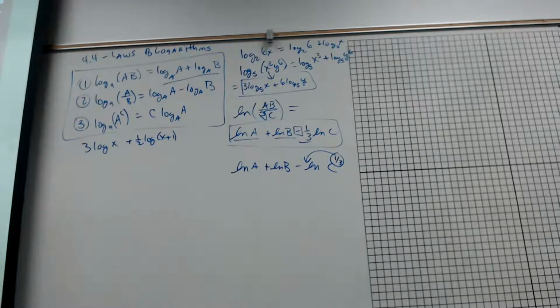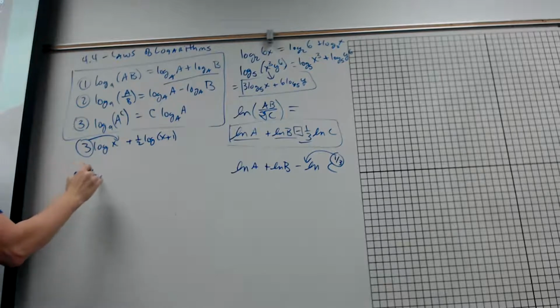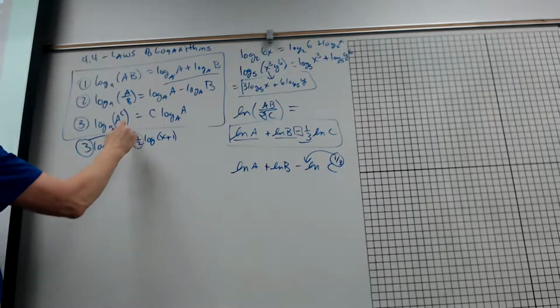Reagan, it must be your turn. What can I do with this 3? Yeah, you can put it over the exponent, right? So this becomes log of x cubed, right? Plus, well, what do I do with this 1/2?